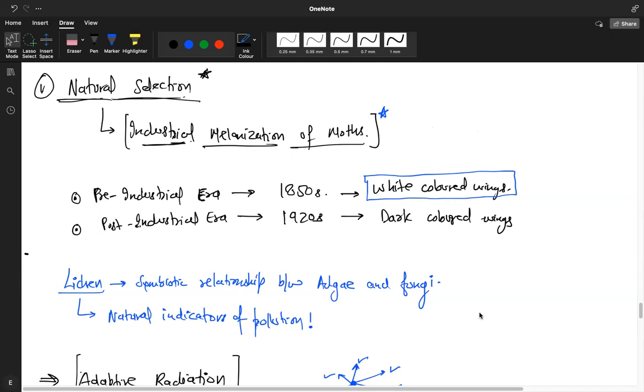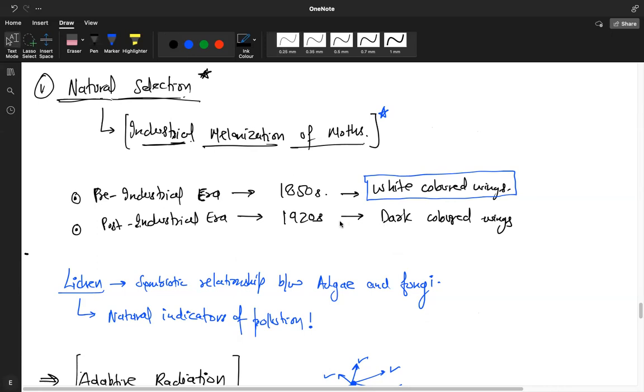So to continue, an example of natural selection we saw was the industrial melanization of moths in the industrial revolution in England. In the pre-industrial era, around the 1850s, there were more white-colored winged moths on trees, and after the industrial era, around the 1920s, dark-colored winged moths were more present in a colony.